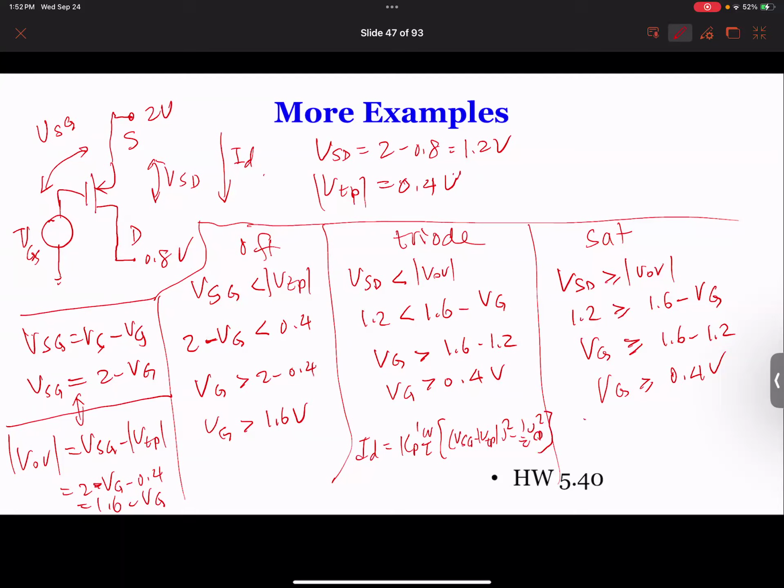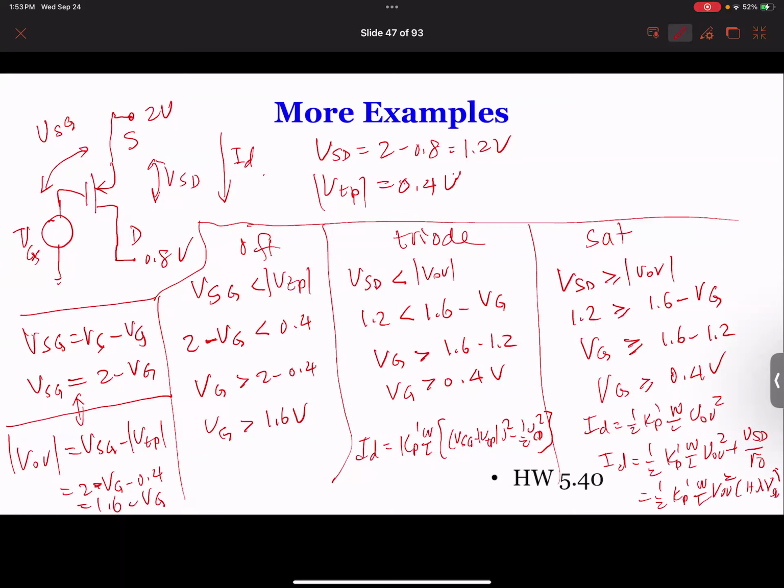For the saturation region, without channel effect, we can simply write Kp' W over L times VOV squared, with a factor of 1/2. If considering the channel effect, it can be written as 1/2 Kp' W over L VOV squared times 1 plus lambda times VSD.